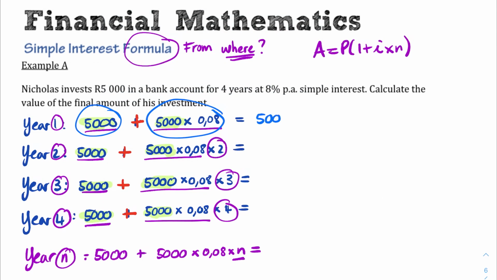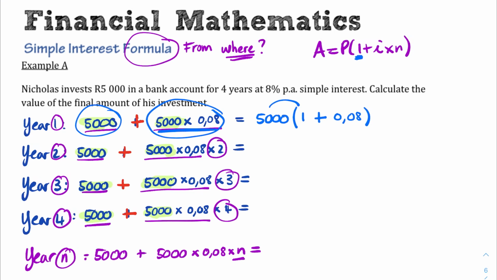If I wrote my common factor down, I'm dividing 5,000 out of each term. What is going to be here is the 1. You should have been wondering, where does this 1 come from? Think about it, 5,000 times 1, well, that's my 5,000. And then my second term is going to be, well, I'd take this term and we divide it by 5,000. So in the first one here, we're just going to have 0,08.